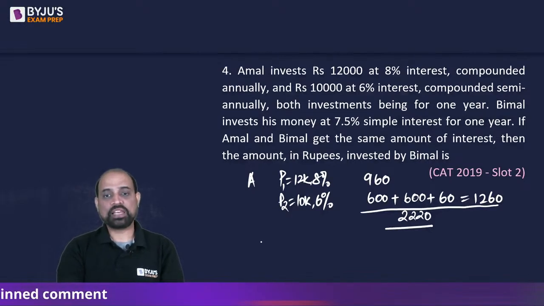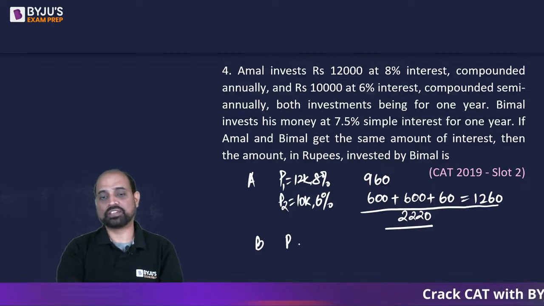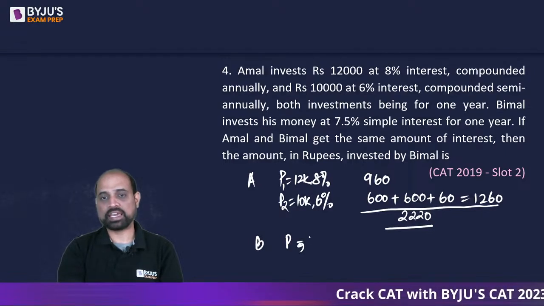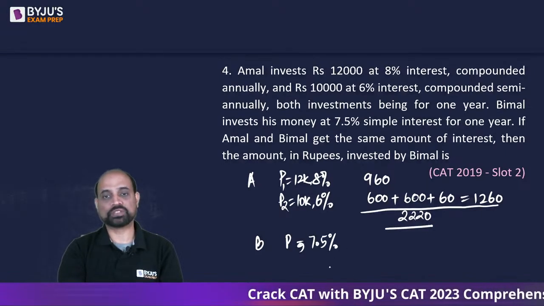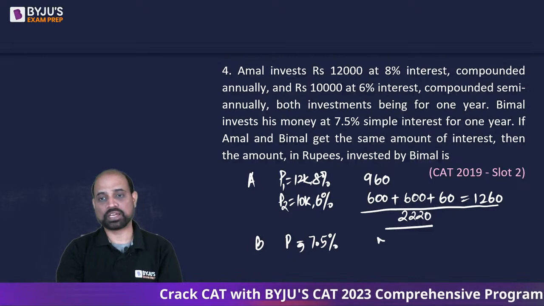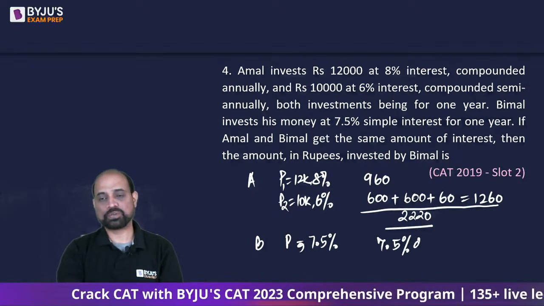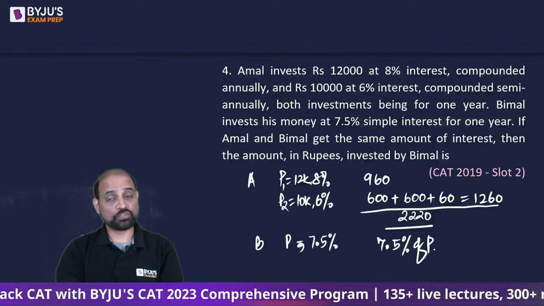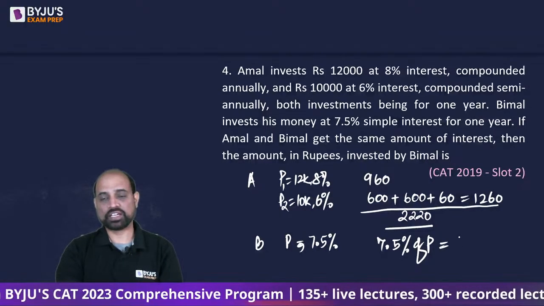Next, Bimal invests certain principal at 7.5% simple interest for 1 year. So the principal is P and rate of interest is 7.5%. So the interest that he's supposed to get is going to be 7.5% of P. Since this is for 1 year, we will leave it as such.